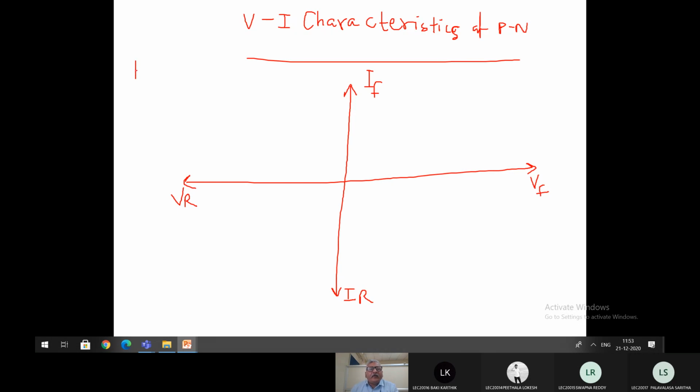So this is your PN junction. If you apply the forward bias, then this type of curve you will get, right?